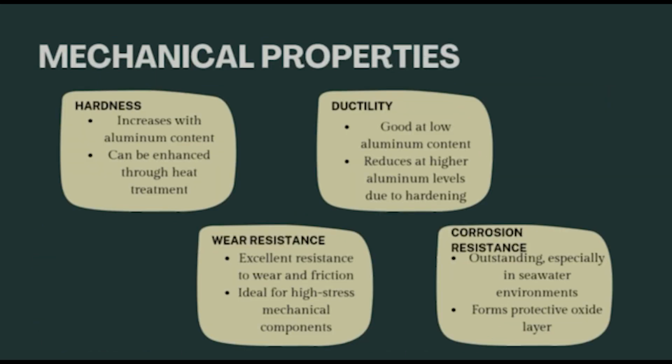Next are the mechanical properties, where CuAl has great hardness that increases with aluminium content, and good ductility when the aluminium content is low. It is also excellent in resistance to wear and friction. And last but not least, corrosion resistance.